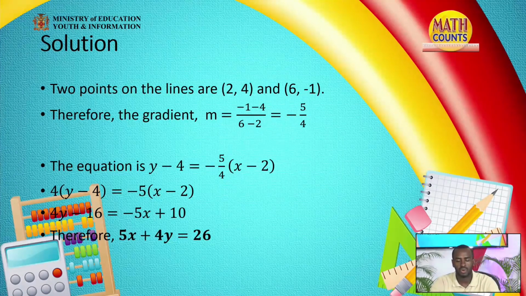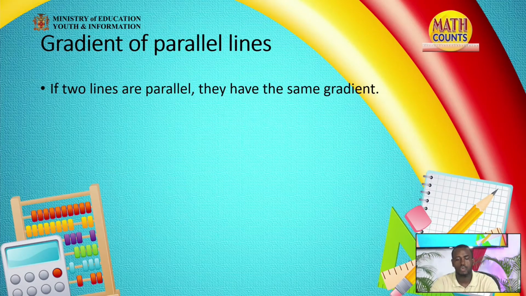Let us now review 2 basic concepts that we had done from CSEC level and that you should know and remember to properly master this course. Now, number 1, the gradient of parallel lines. Keep in mind that if 2 lines are parallel, then they have the same gradient.